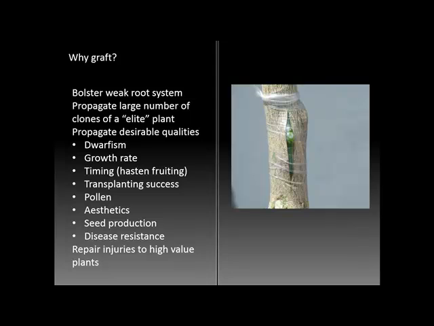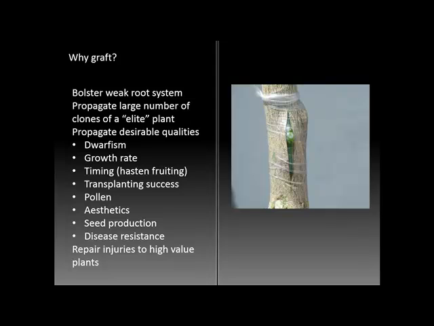and certainly the main goal is for commercial producers to produce a large number of clones or plants carrying the qualities of the desired plant, or in the case of forestry, the qualities of an elite tree that is intended to be propagated.